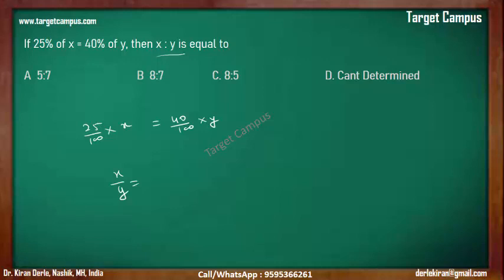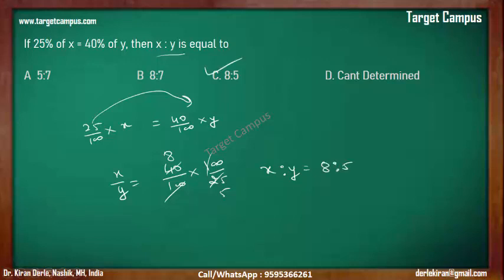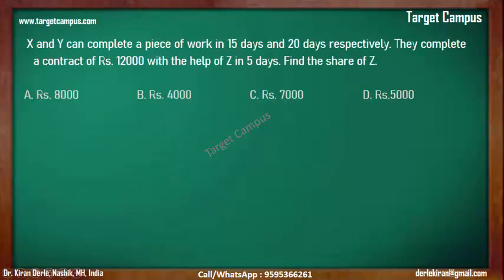So it is 40 upon 100 into 100 upon 25. Pretty simple. So x upon y, that is x as to y, is 8 upon 5, that is 8 as to 5. That's my answer. Let's move forward.